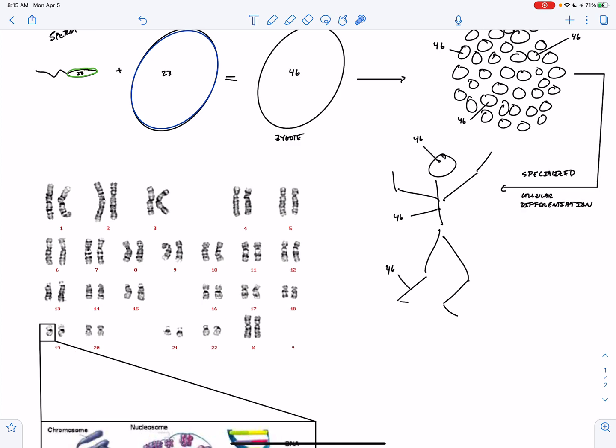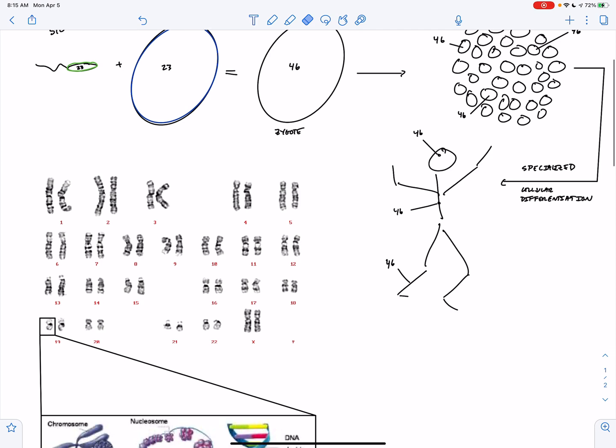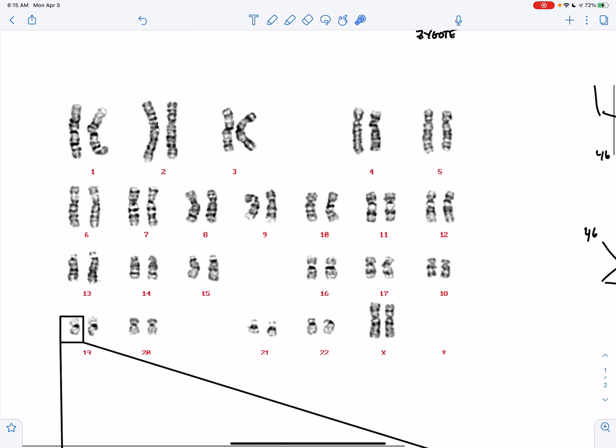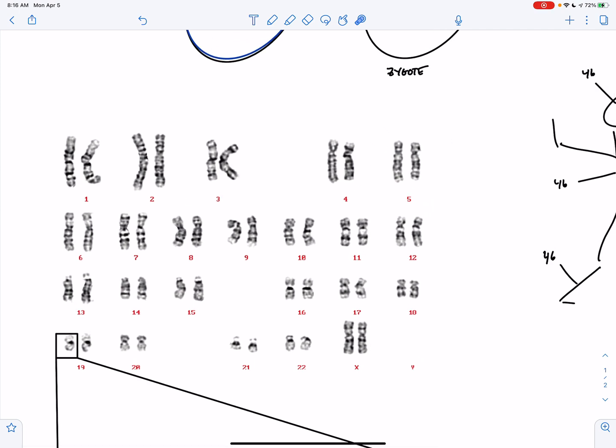Okay, but every single cell in your body, let's say you were to take out a neuron, and then a stomach lining cell and a calf muscle, and you took the contents of the nucleus, and you spread them out and analyzed them, you would create what's called a karyotype.